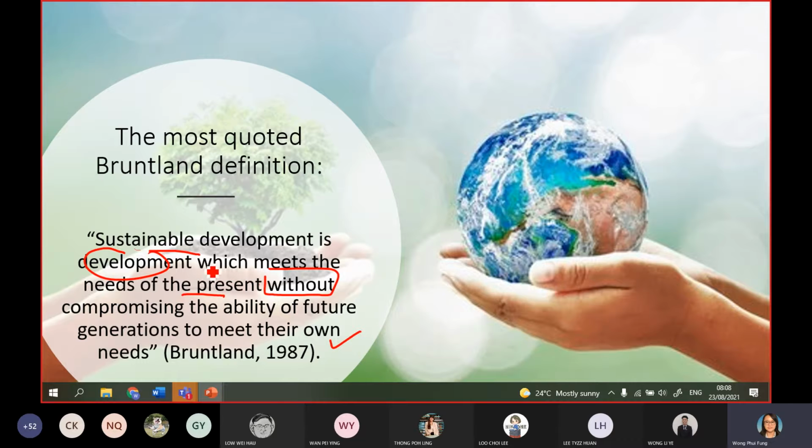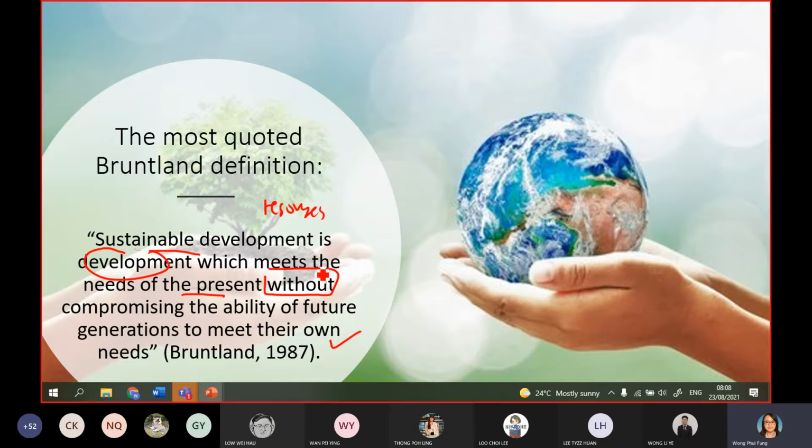Every kind of development in a country requires natural resources. But in macroeconomics, we already learned that all these resources are very limited, very finite. One day they will be gone.